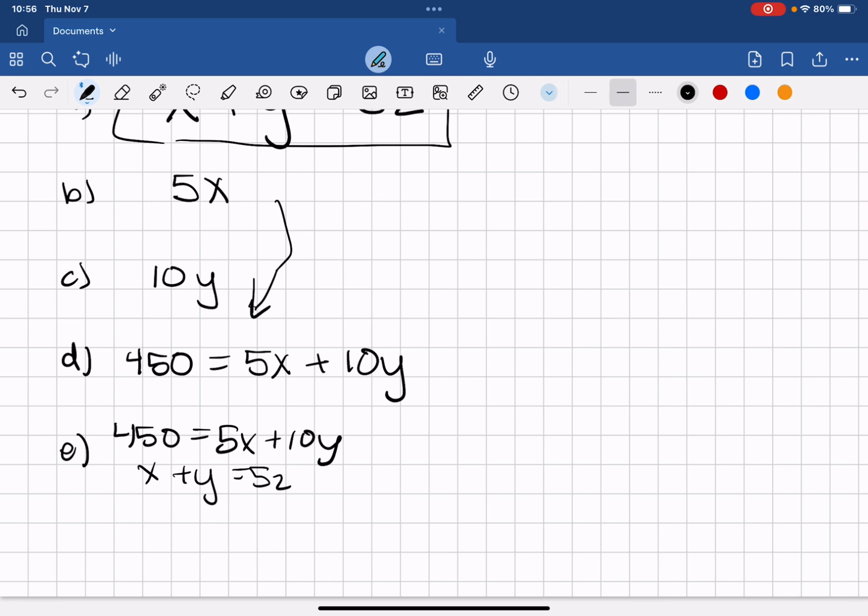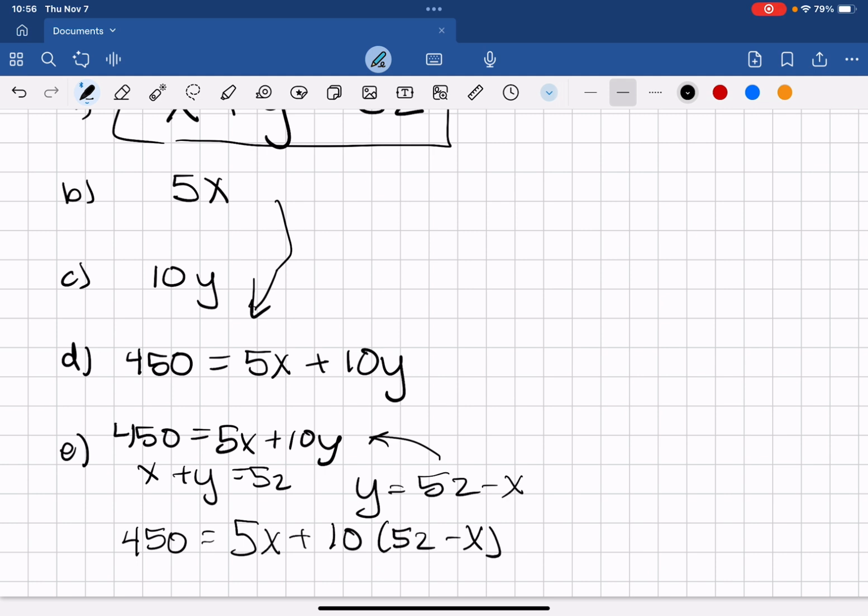So now we have to solve this. And we've learned different ways to solve equations. And by just eyeballing it, it's going to be simpler to do it by substitution. So I'm going to say y is equal to 52 minus x. And then I'm going to plug this equation in here. And we get 450 is equal to 5x plus 10 times 52 minus x.